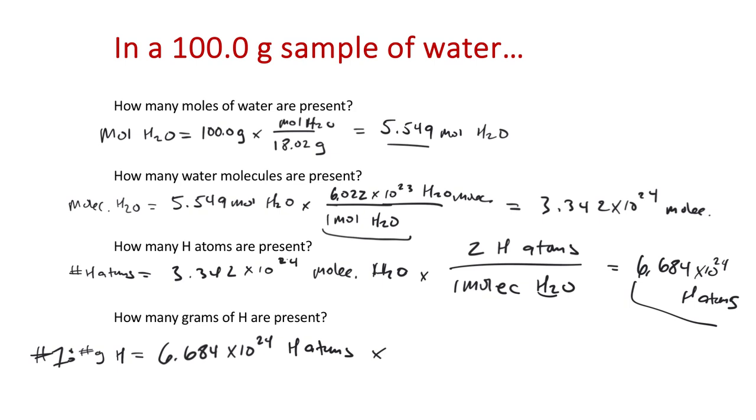We just have to either convert to the mass in AMU and then convert AMU to gram, or convert molecules back to moles and then use a molar mass for hydrogen. And so I'm going to use the Avogadro's number conversion first. For every 6.022 times 10 to the 23 H atoms, that would correspond to 1 mole of hydrogen.